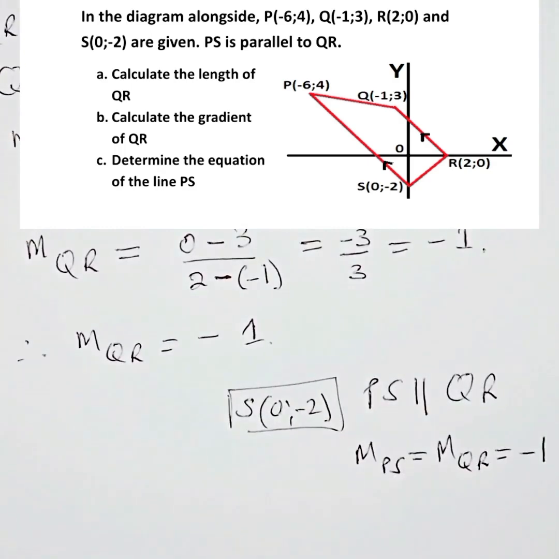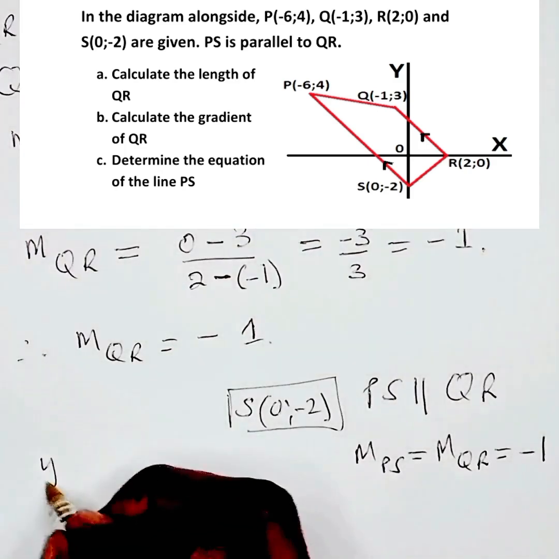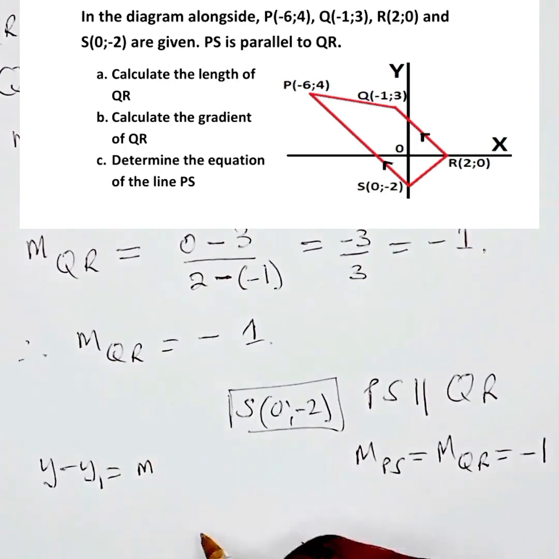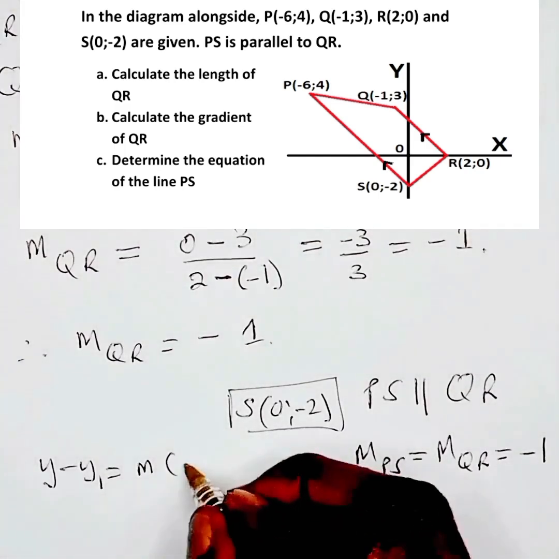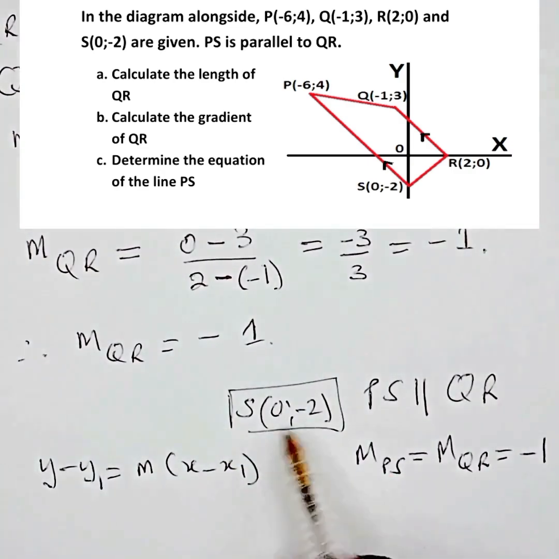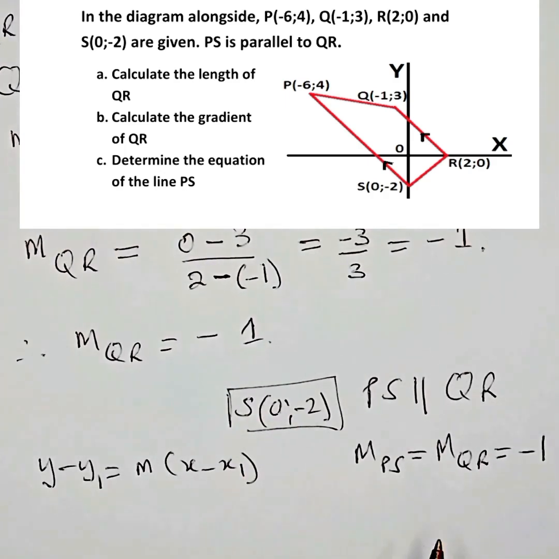How do we find the equation of that line? We say y minus y1 is equal to m, the gradient of PS, times (x minus x1). We can take any point on the line PS; in this case, we are taking S(0, -2) as the point.